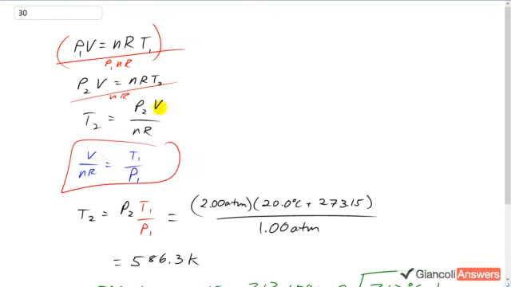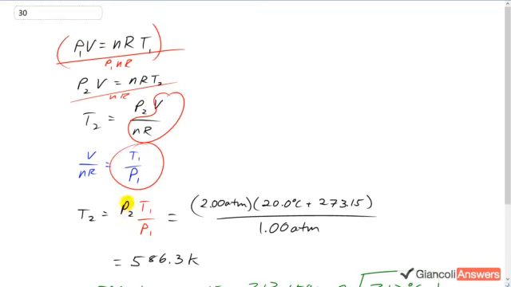So V over NR is T1 over P1 based on this first equation, and that gets substituted into the second equation, replacing this with T1 over P1. So T2 is P2 from here times T1 over P1, because that's what V over NR is.